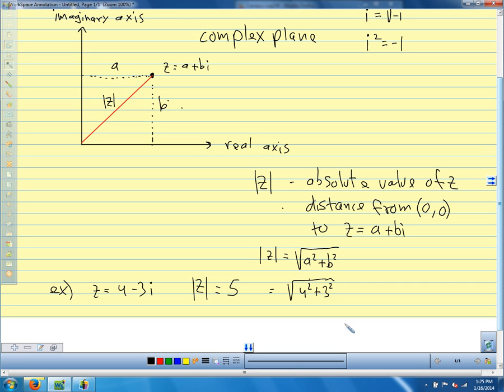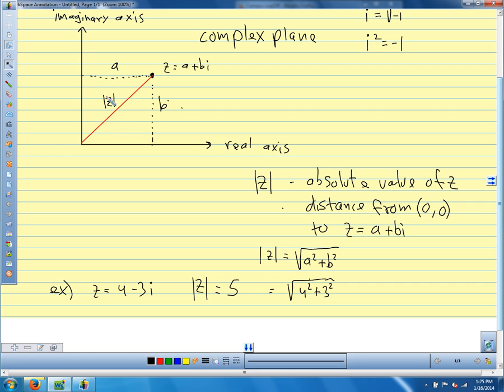Now, hopefully, when we drew this up here and we had this plane, that got a few of us thinking about the way we talked about vectors, because this is really the same way that we talked about vectors and a point in the plane, and we talked about a line segment. So what we want to do is make a connection between complex numbers and the way we talked about vectors, and that's going to give us a nice little tool.